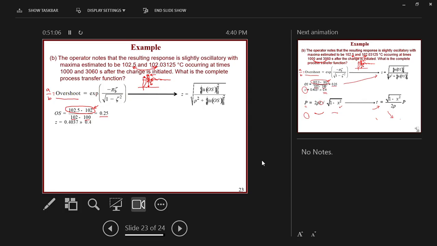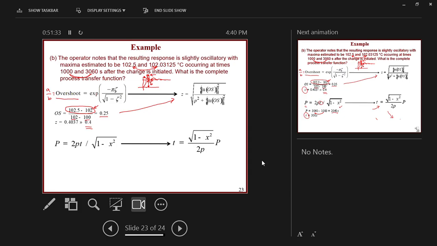Once we know the overshoot, I can rephrase the equation to give me the zeta from the overshoot. Then I can calculate it as almost 0.4. Now I know the zeta, I still need to know the tau. Tau can be calculated from the period of oscillation, which is the difference between these two peaks times.